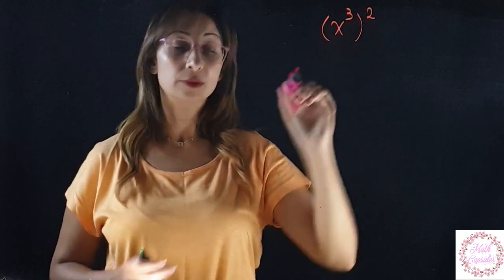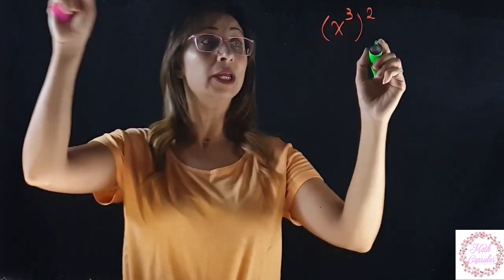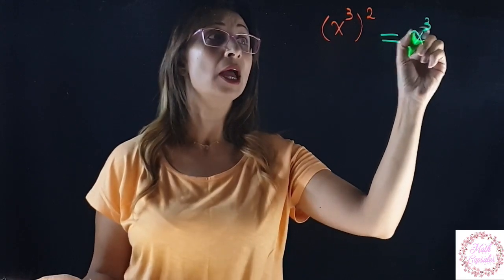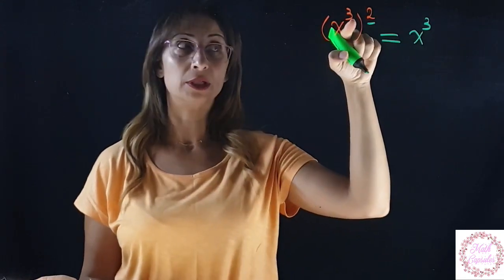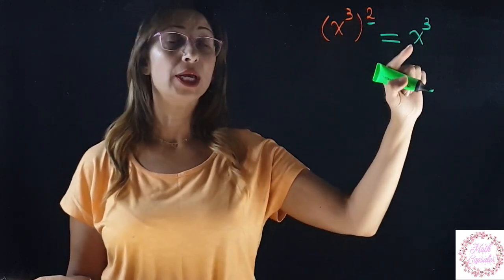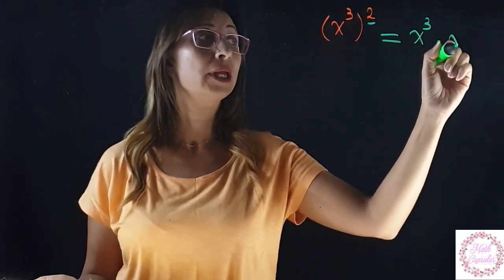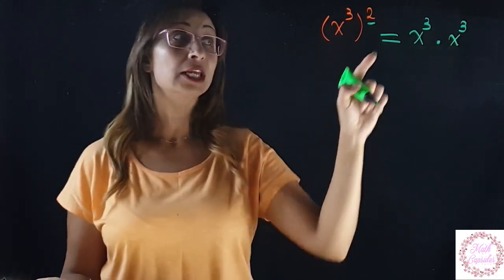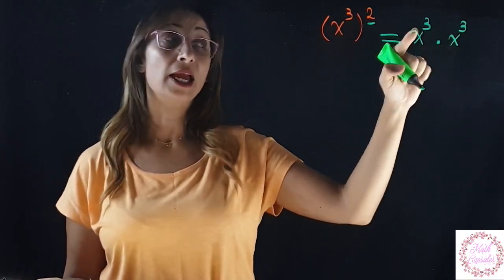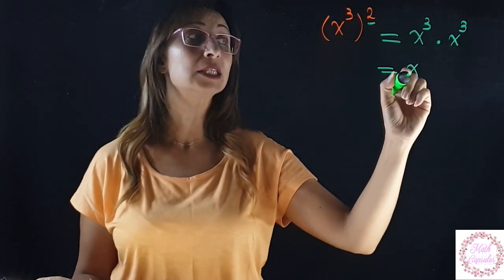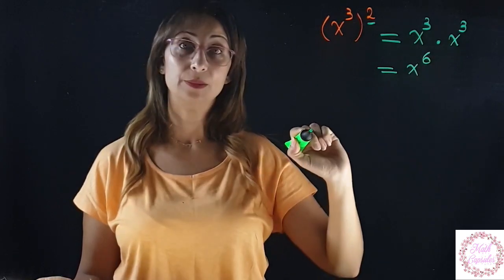To do this, normally we can do it by: I have x power 3, and this means x power 3 multiplied by itself 2 times, because the power 2 means multiplied by itself 2 times. So x power 3 multiplied by x power 3. And from the rules of the powers, if we have the same base, we add the powers, so it will be x power 6.